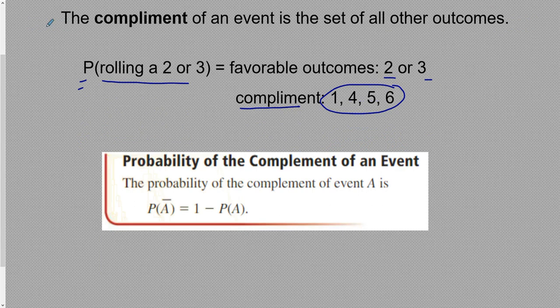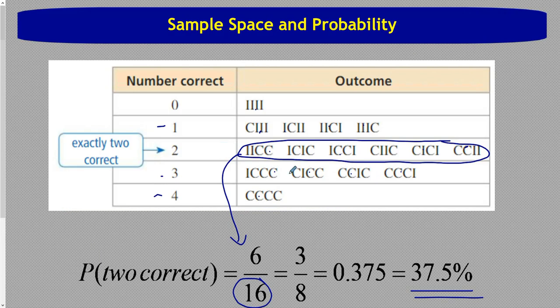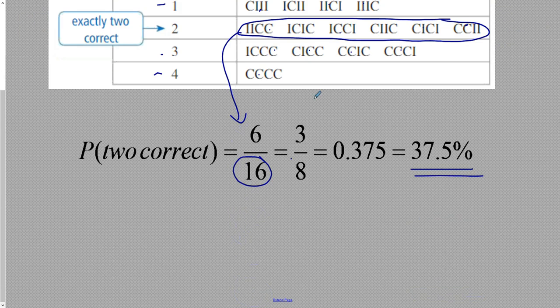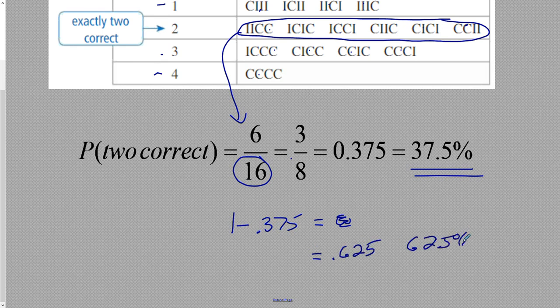So if there's a 37.5% chance you get 2 answers right, that means there is a 1 minus 0.375 chance that everything else happens, right? So that would be 0.625, so a 62.5% chance that you don't get 2 right.